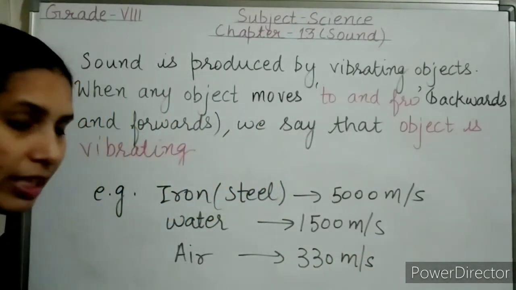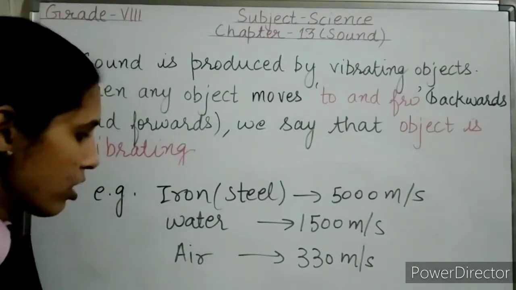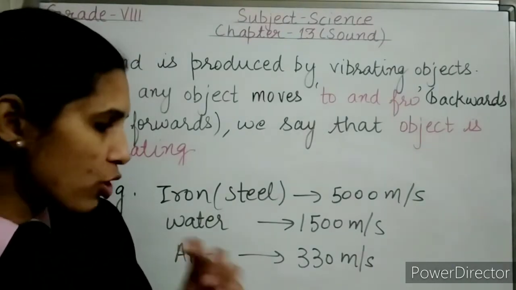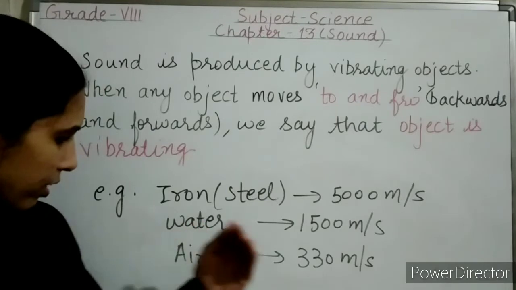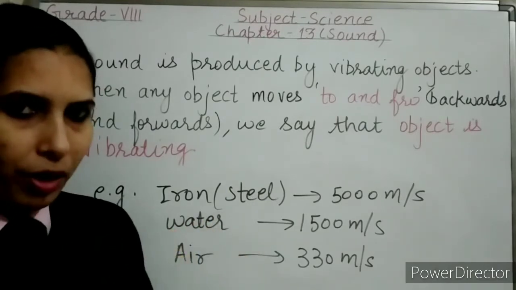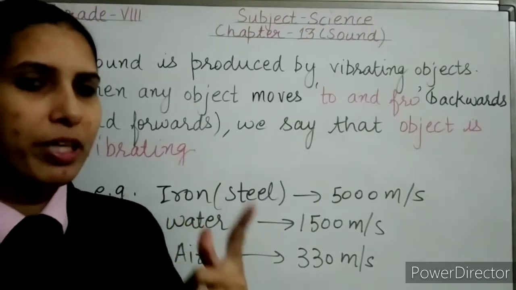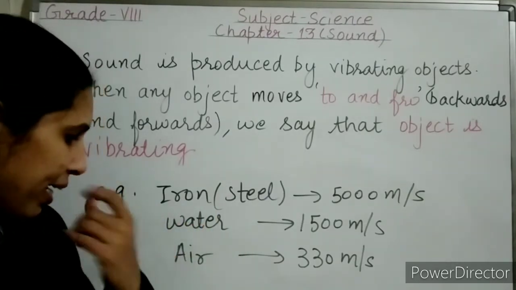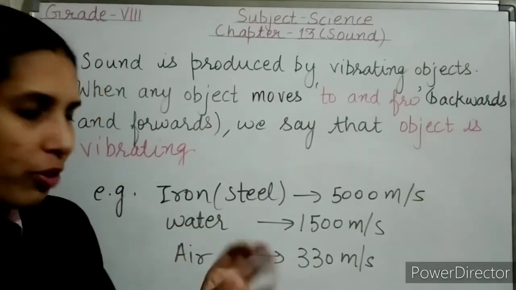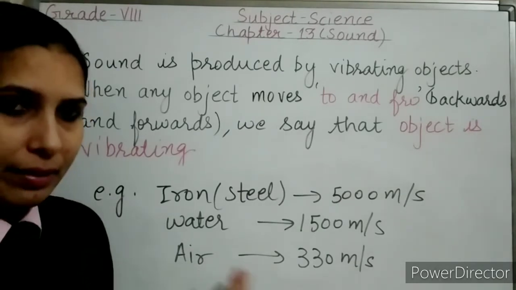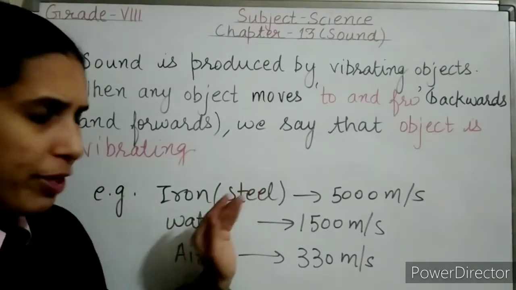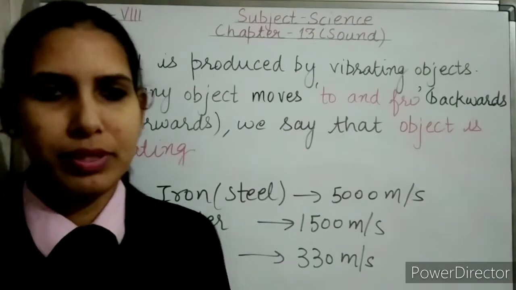So here you can clearly see that the speed of sound is maximum in solids and lower in liquids as compared to solids. And it is least in air as compared to solids and liquids.